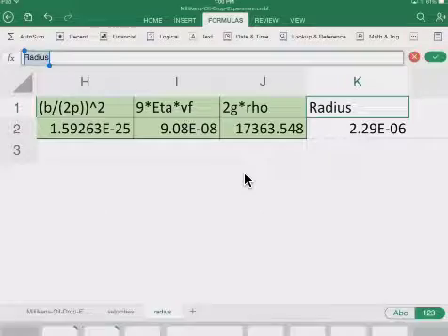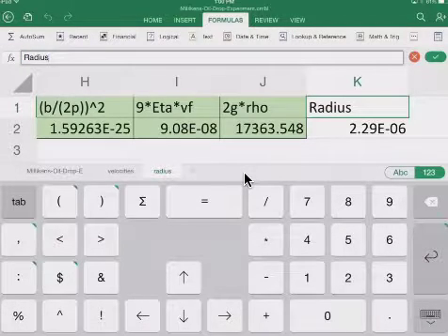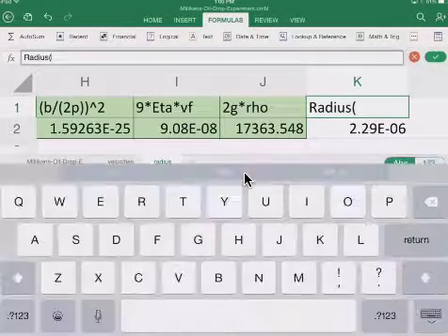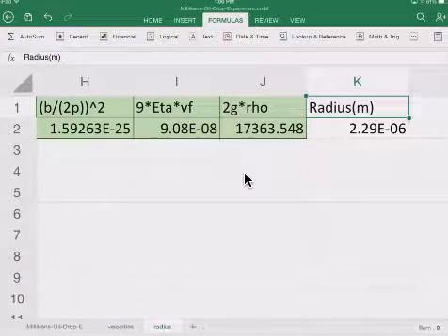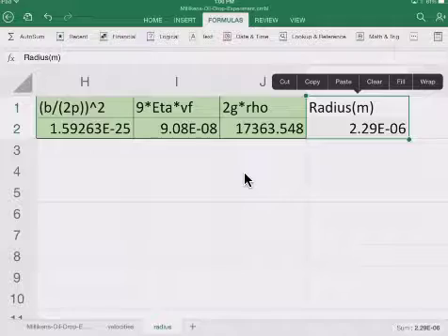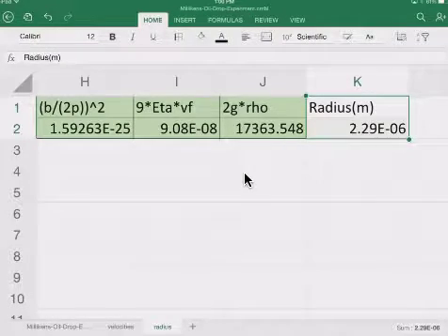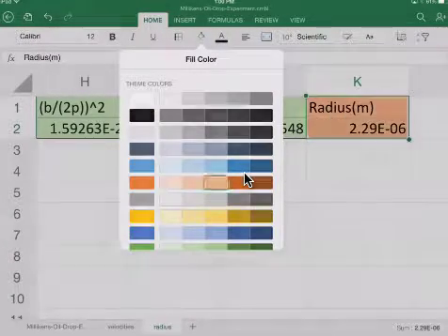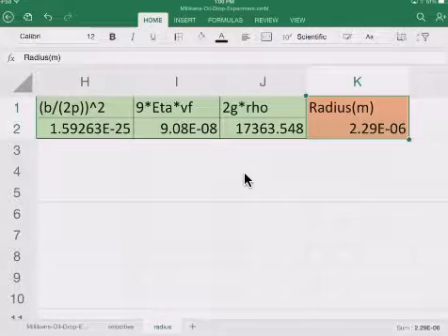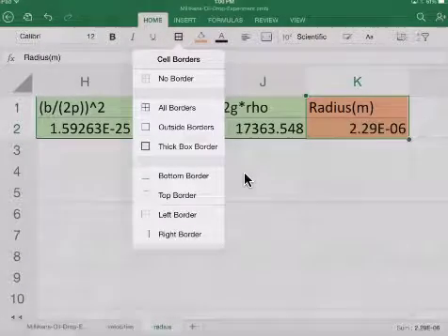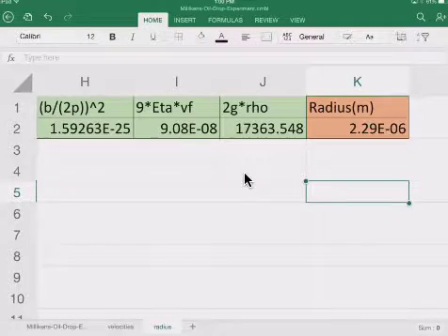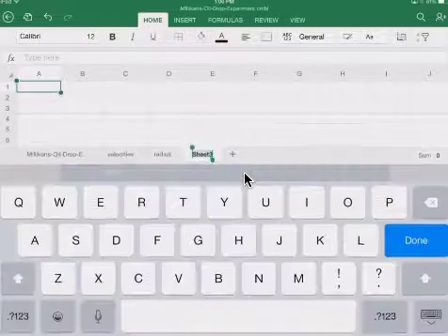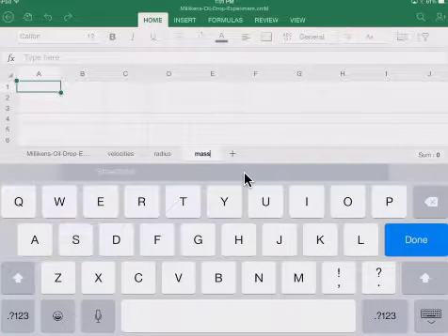So the radius is in meters. And we want to make sure that this has some distinct color, so let's just make it rust or orange looking. So that's the radius. The next thing that we will calculate is going to be our mass. Okay.